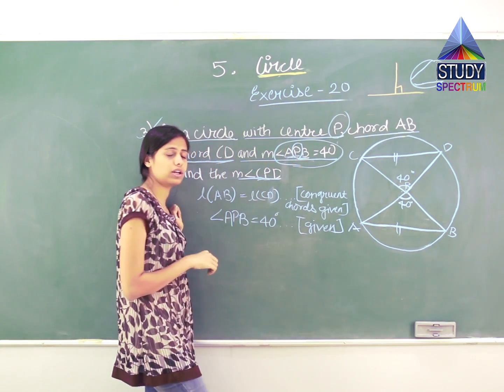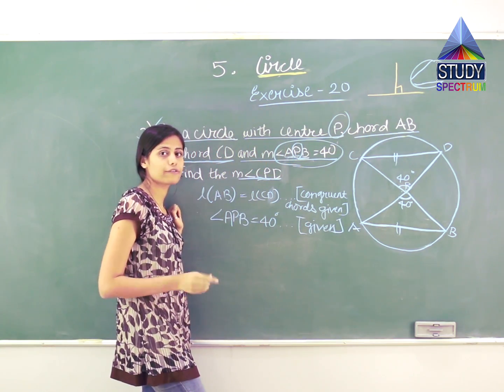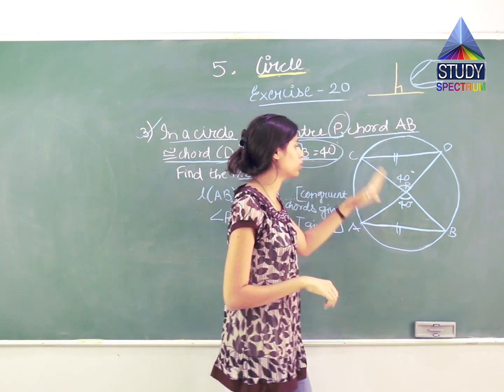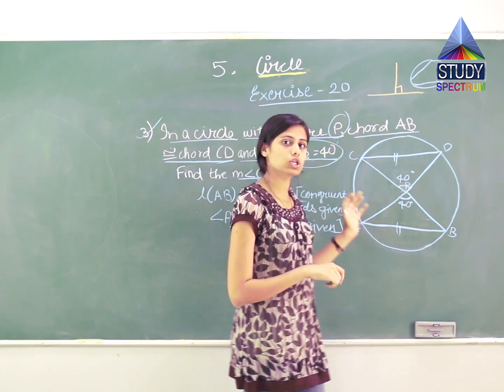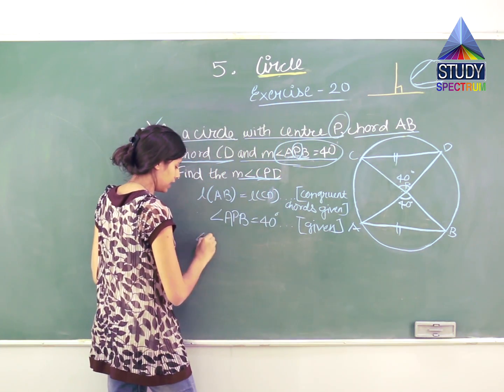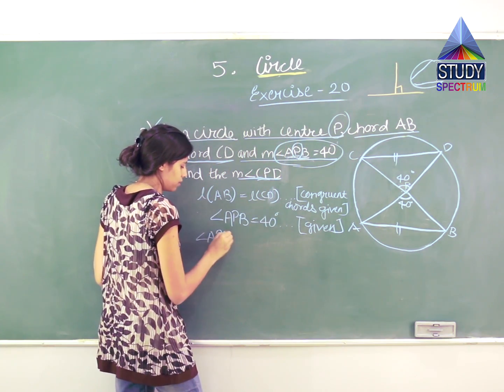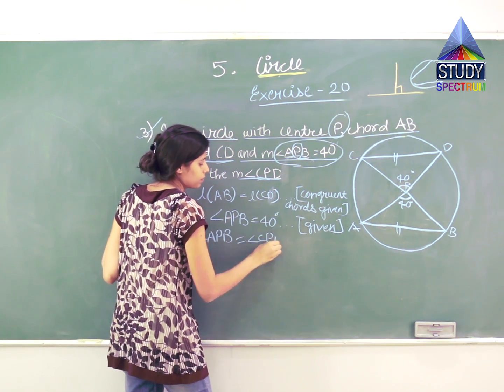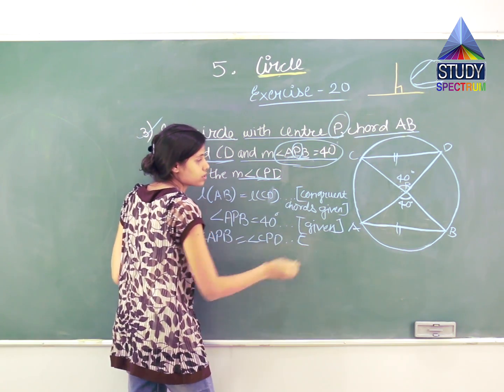Now from this given information, what conclusion do you derive? You derive that angle APB is equal to angle CPD. So let us write that. Angle APB is equal to angle CPD. What is the reason for this?